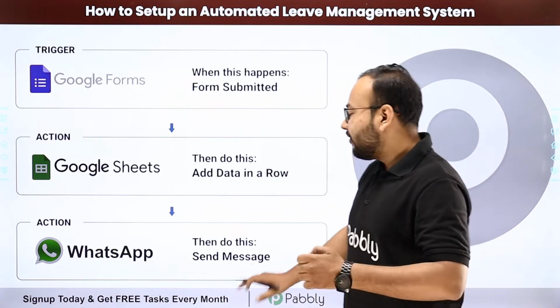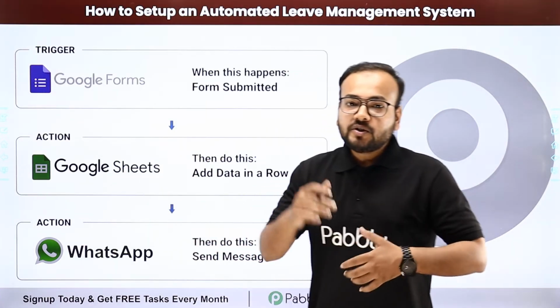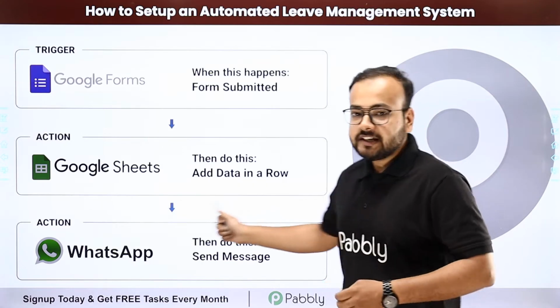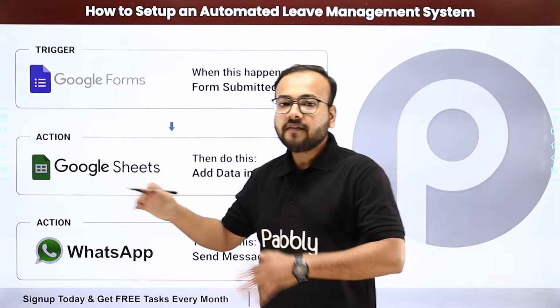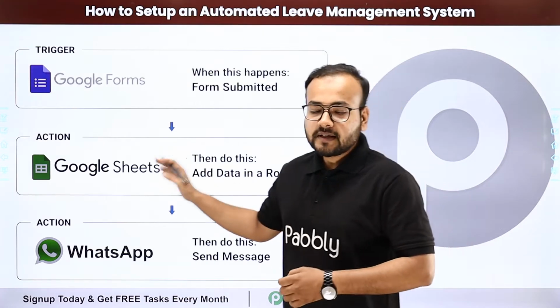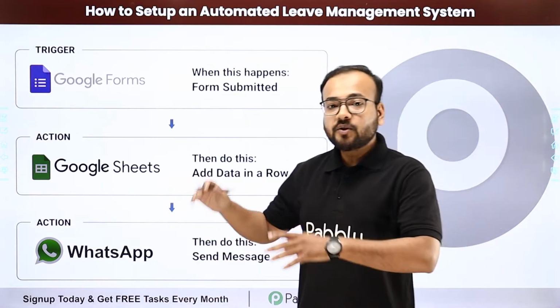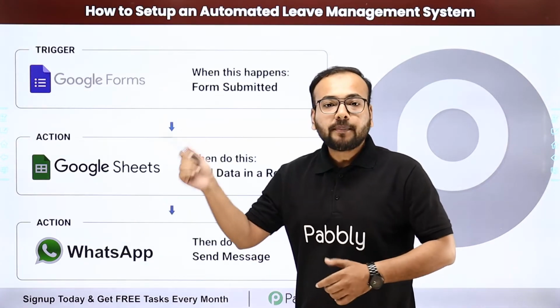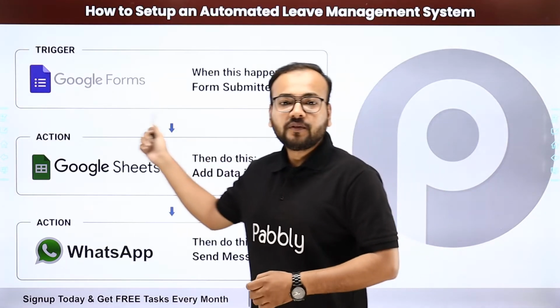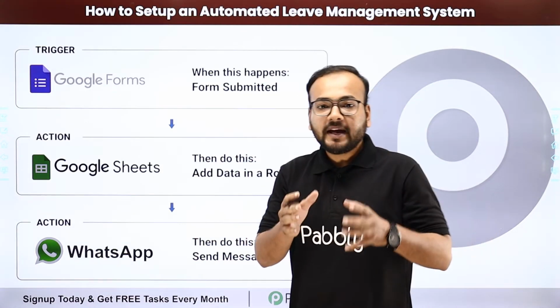Then you just have to update this same sheet with the status as leave approved or leave disapproved, and after that a WhatsApp message will be automatically delivered to the employee who applied for the leave using this Google form.